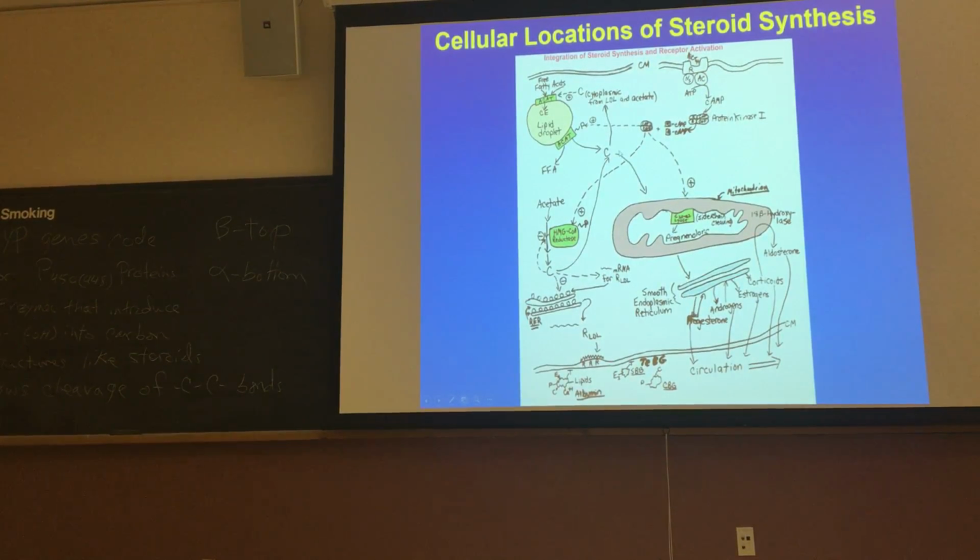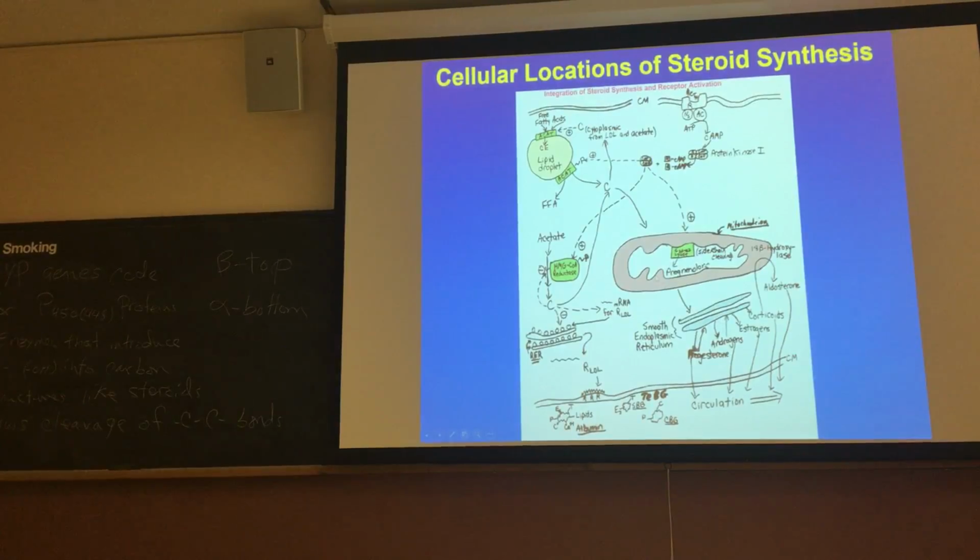Now, cholesterol can be used immediately for the production of other steroids. More likely, though, it's going to be stored for a while. And the way it's stored is that it is coupled with free fatty acids, by forming an ester bridge between the OH at the 3 position of cholesterol, down on the bottom of that A ring, and the carboxy group on the fatty acid.